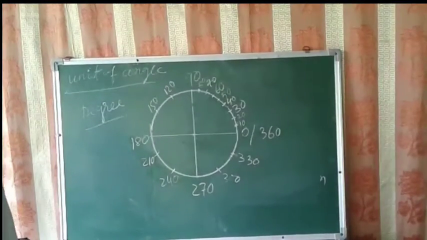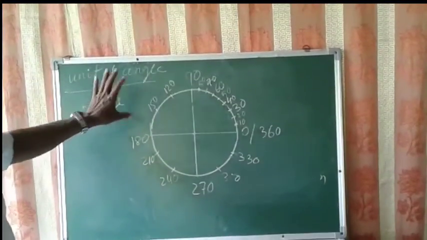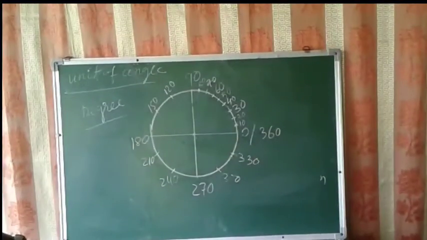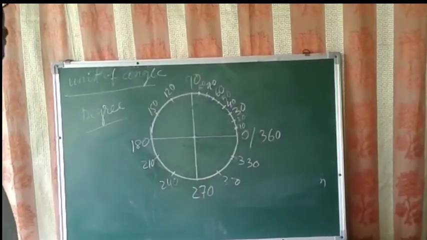Unit of angle. What is the unit of angle? Unit of angle is degree. Now what is called a degree?